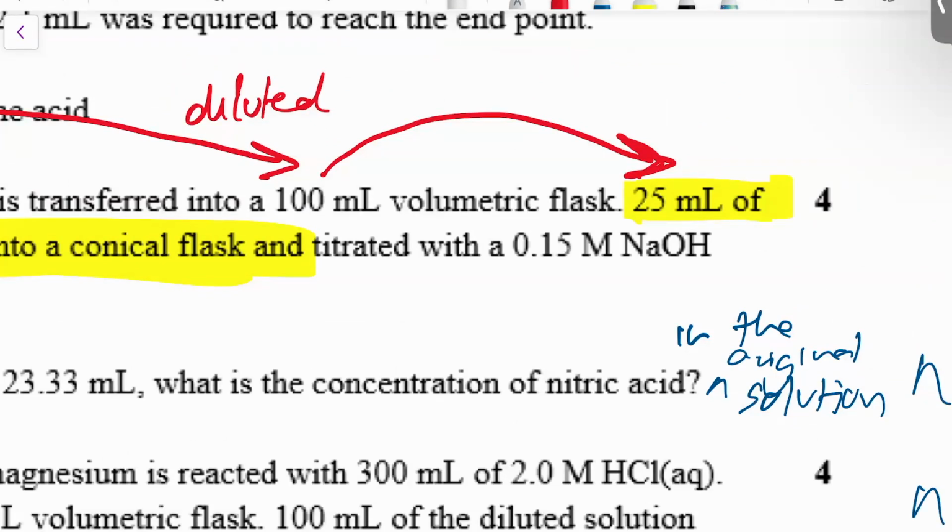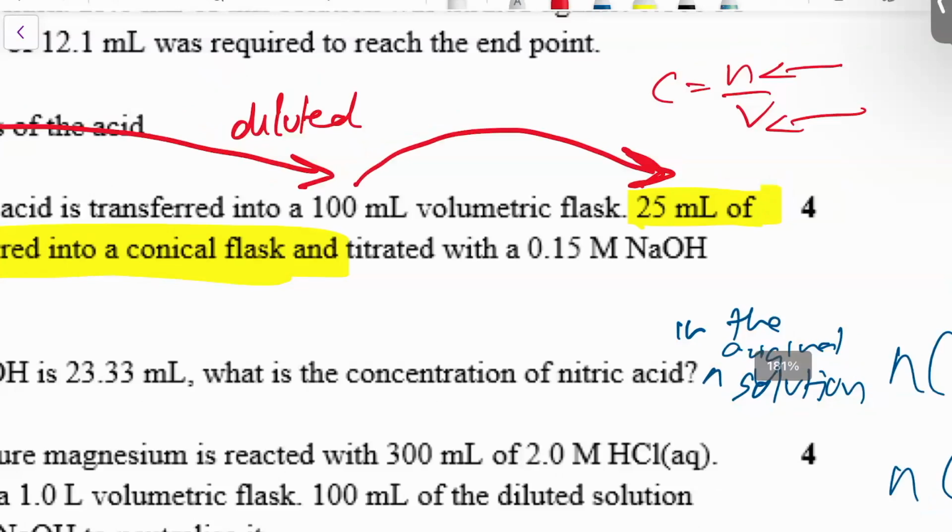Because C is equal to n on V. If you change one without changing the other, then you mess up the ratio of n on V, and that's when you change concentration. But when they went from 100 to 25, they divided the volume by 4, which means the moles also divide by 4. Because you've implemented the same change throughout, concentration actually stays the same.